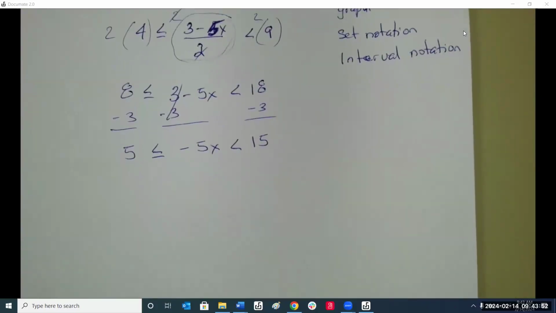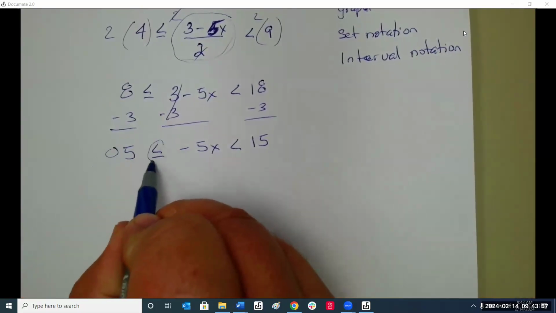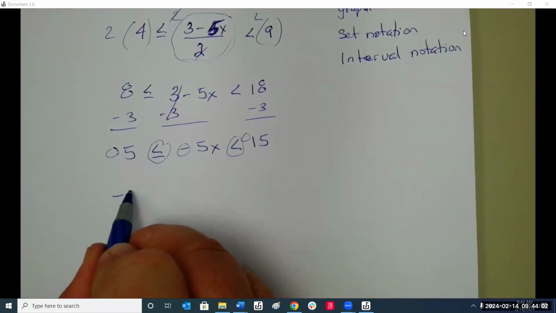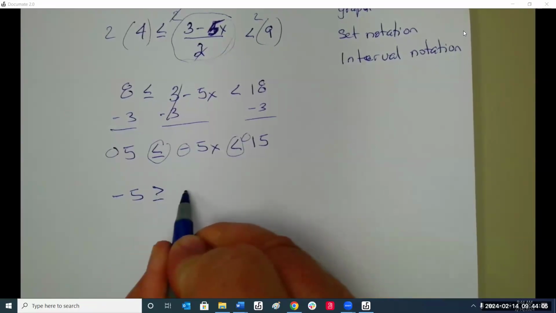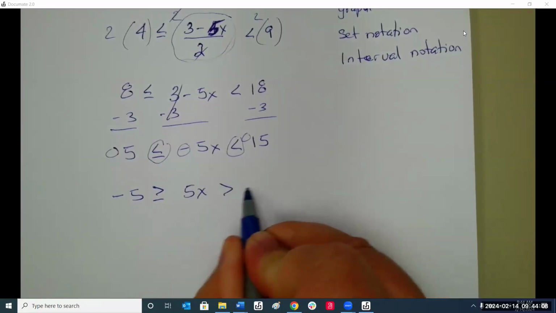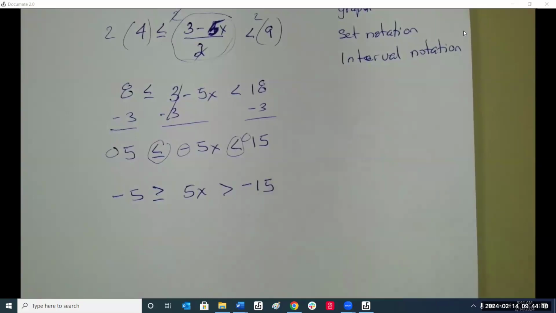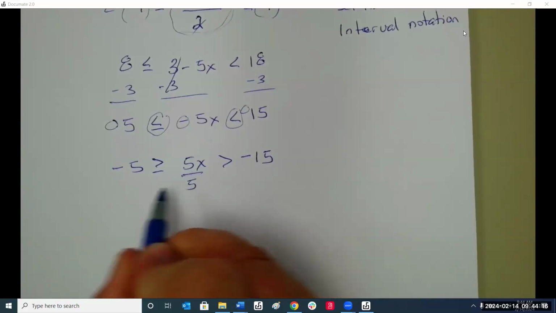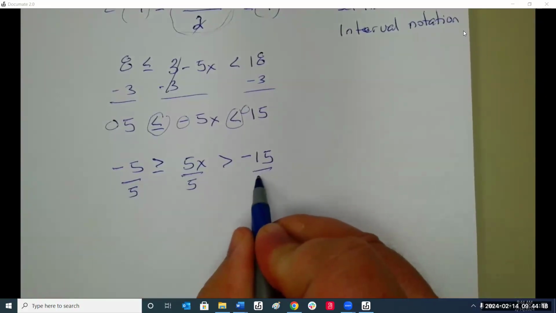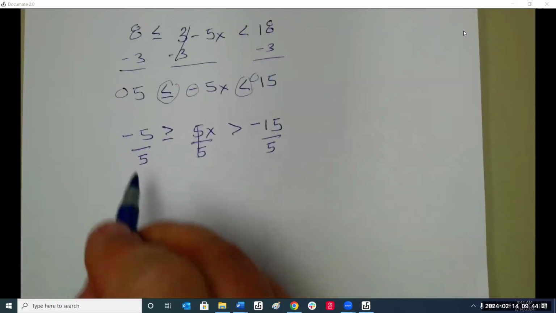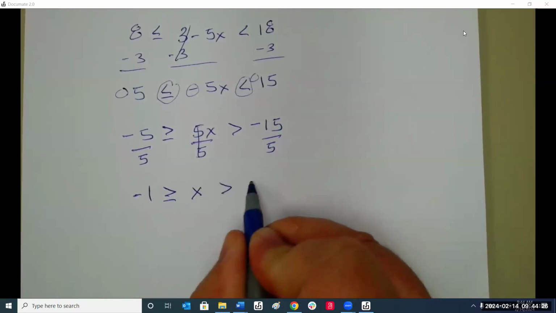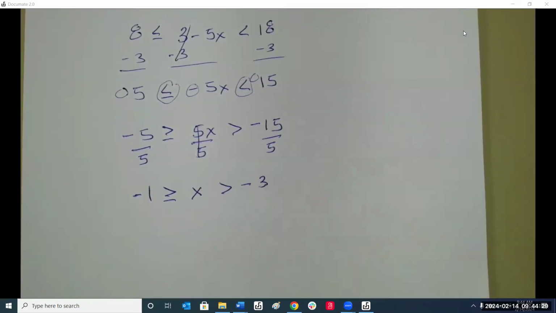Now what? Change everything. Change this sign, change that direction, change that sign, change that direction, change that sign. Flip everything. Then divide by 5. So this is -1 greater than or equal to x greater than -3.